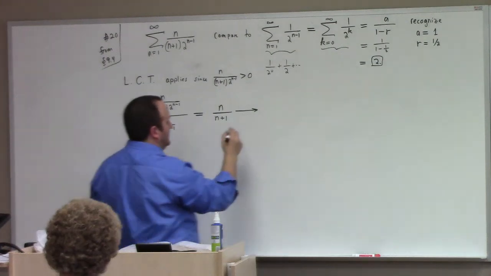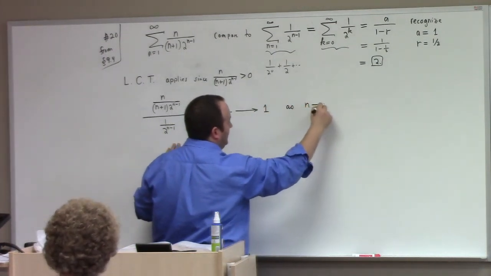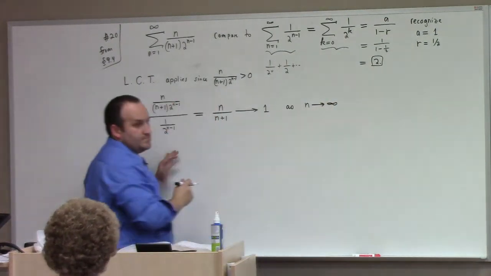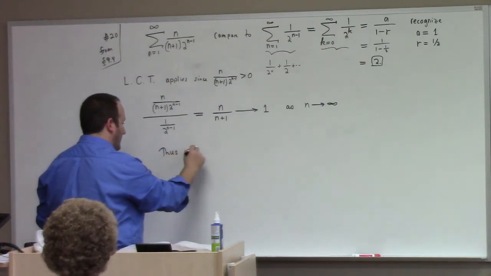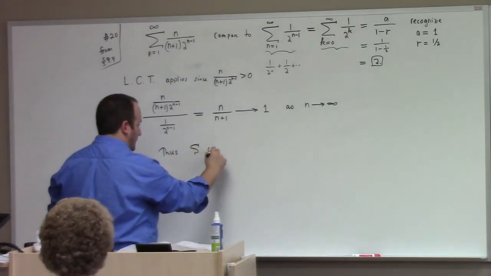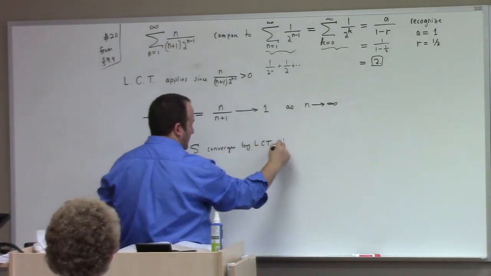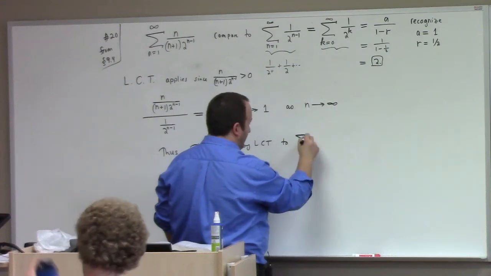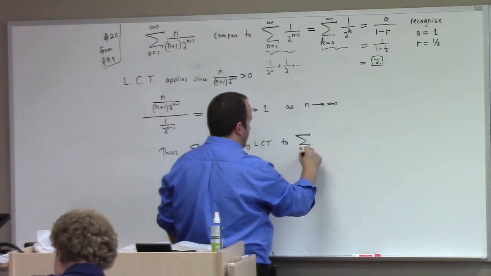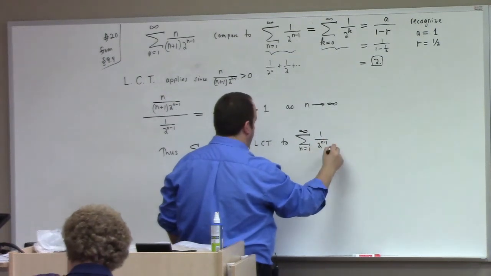Right, this goes to 1 as n goes to infinity, right? So thus, S converges by limit comparison test to the sum from n equals 1 to infinity of 1 over 2 to the n minus 1. I should have given this a name. Oh well, it's too late.